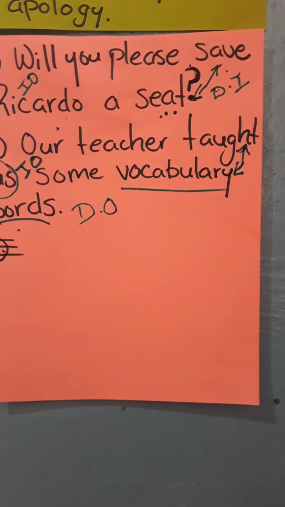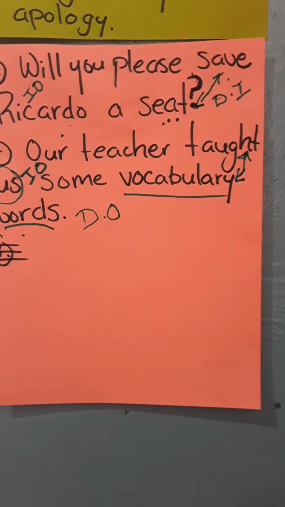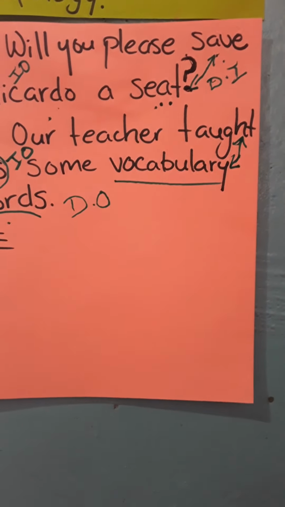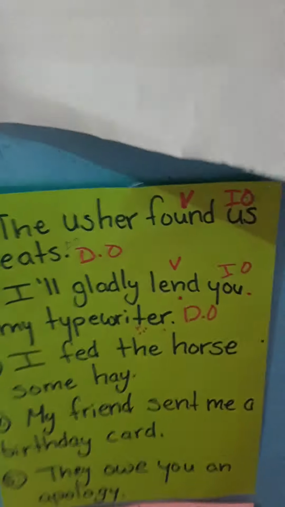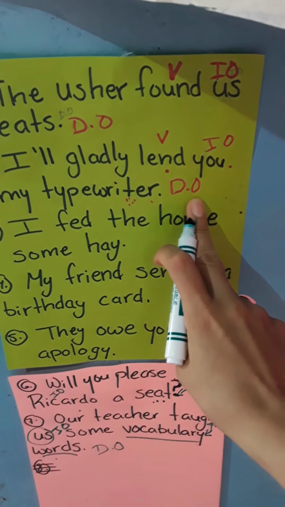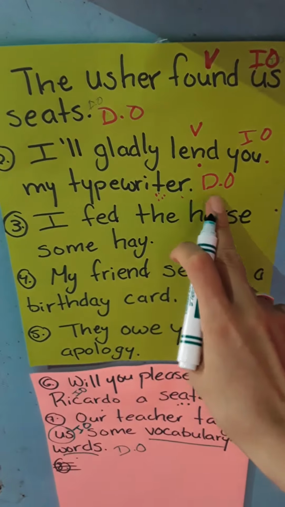But if you find a sentence and you find the verb and you find the indirect object, there has to be a direct object, because remember the placement of the indirect object is between the verb and the direct object. So if you find the indirect object, there has to be a direct object in your sentence.